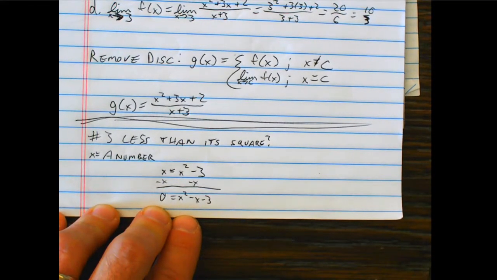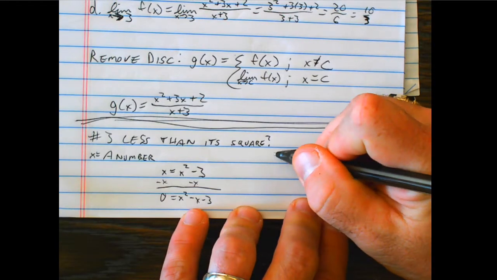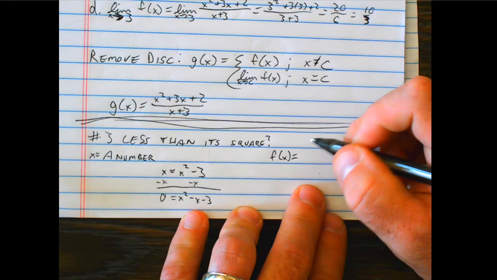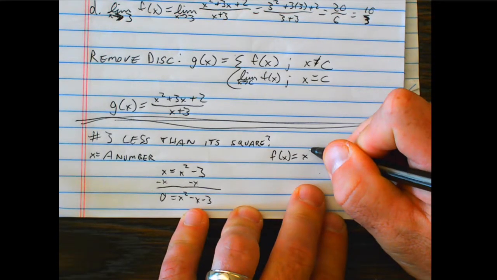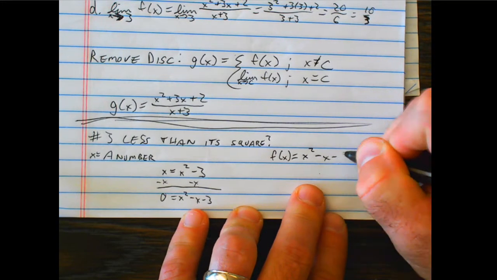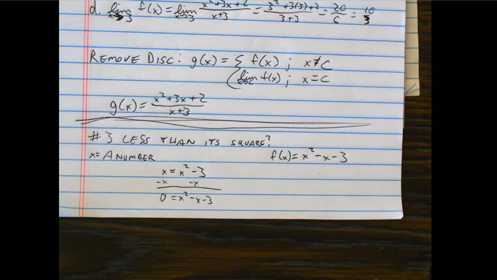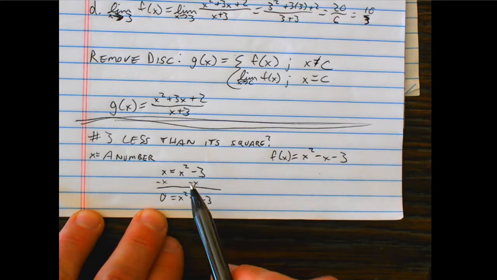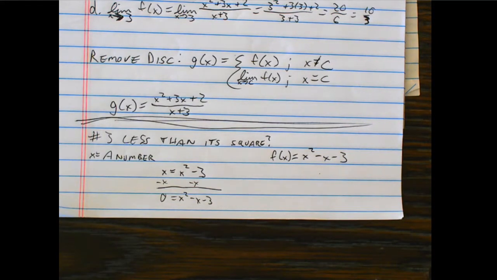Now here's the tricky part. I'm going to say a made-up function f of x is equal to x squared minus x minus 3. I'm just trying to figure out, is there a point where f of x is equal to 0? I don't have to figure out exactly what that number is.